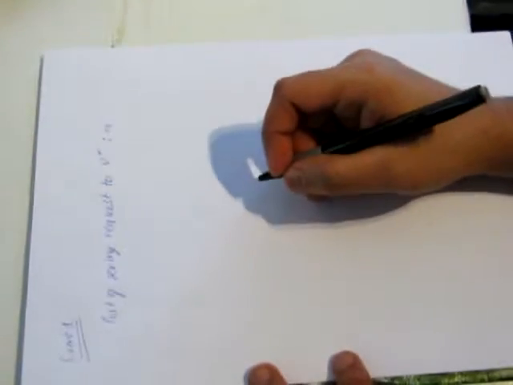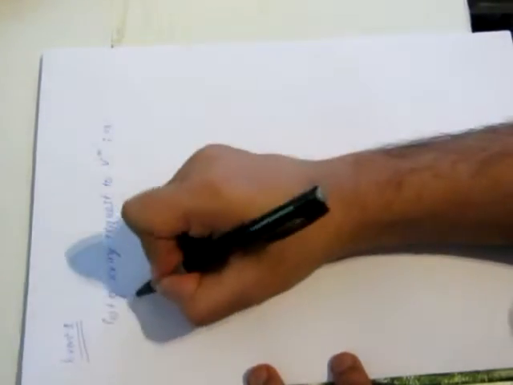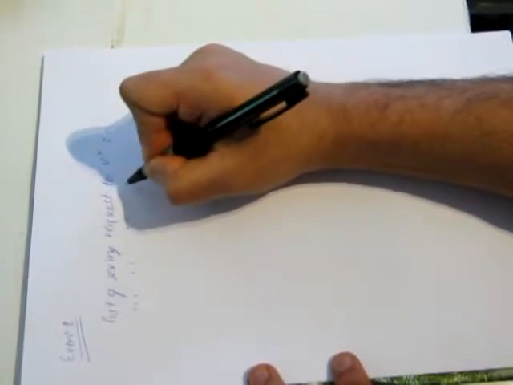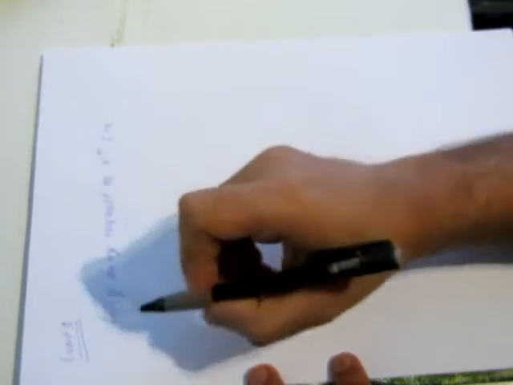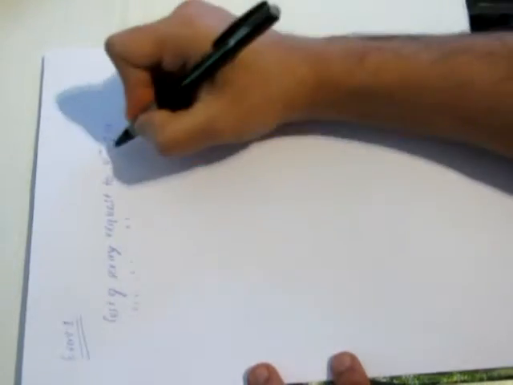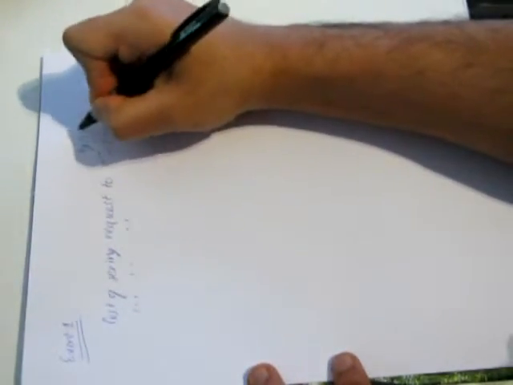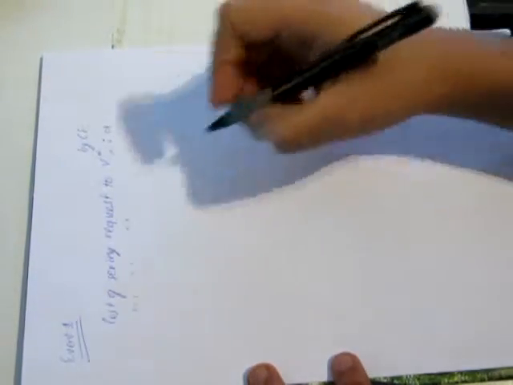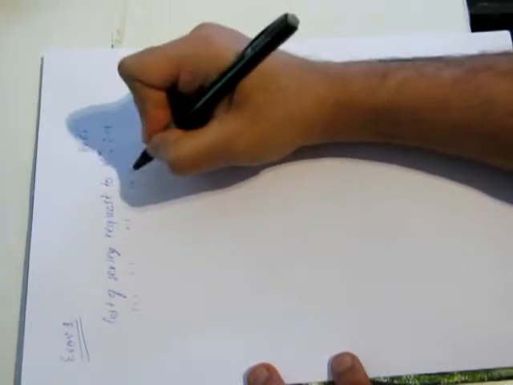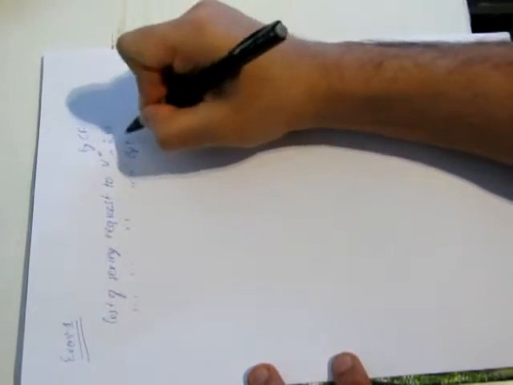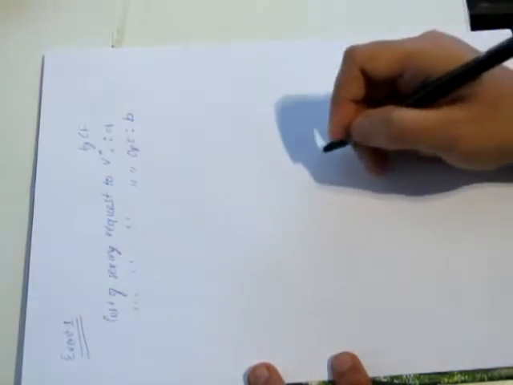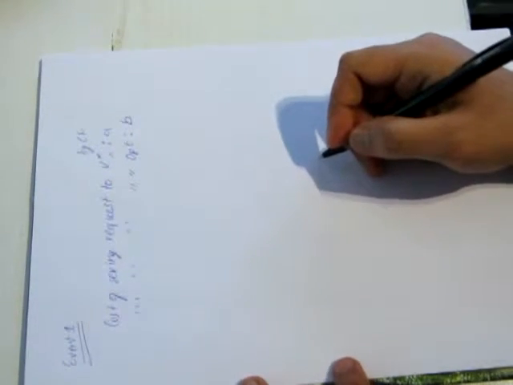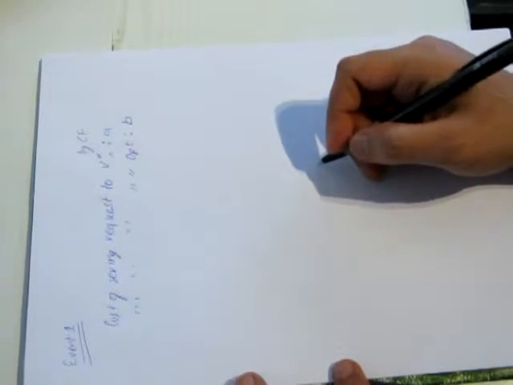So we suppose the cost of serving the request to V asterisk by the coin flip algorithm is A, and the cost of serving the request to V asterisk by the optimal algorithm may be B. This is just a supposition. So what is the expected cost of moving the page?